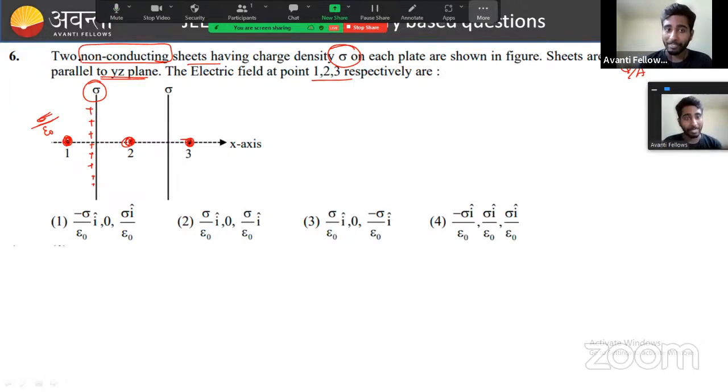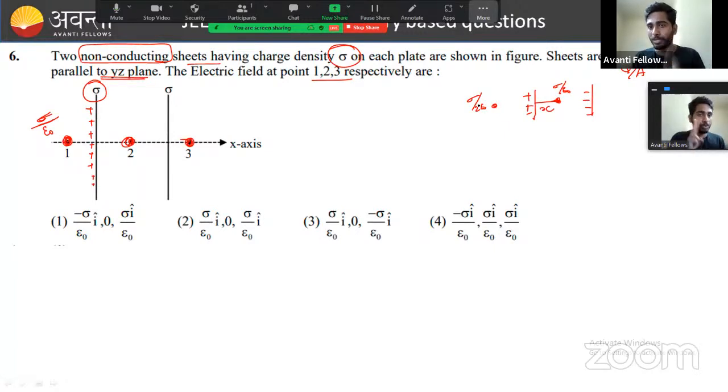For a conducting plate it will be 2 epsilon naught, that too when we place one positive conducting plate with a negative conducting plate. Why am I saying this? We derived the equation for the capacitor. It is positive at a distance x. If I place negative charges here, then at this point we get sigma by epsilon naught, but at this place we'll get sigma by 2 epsilon naught.